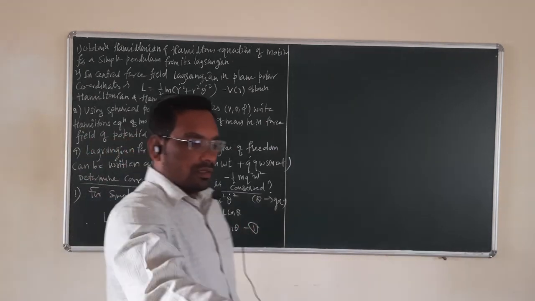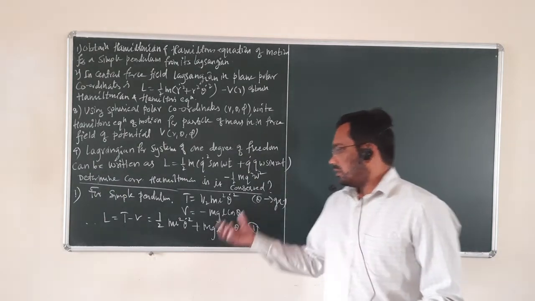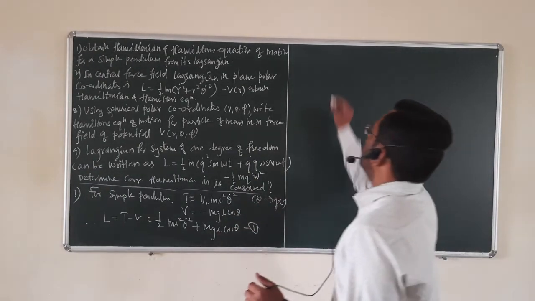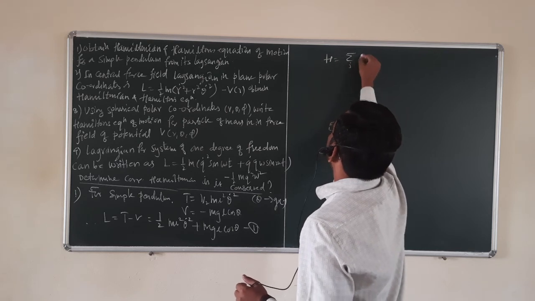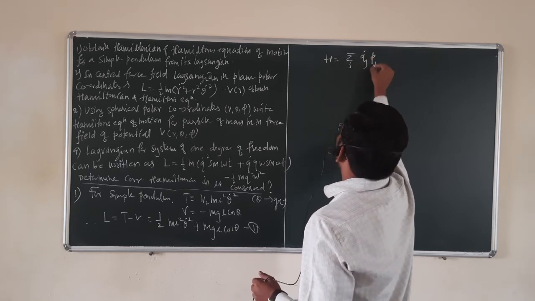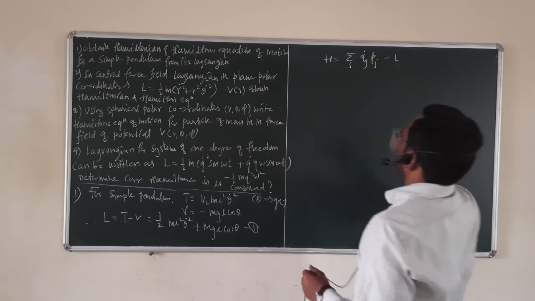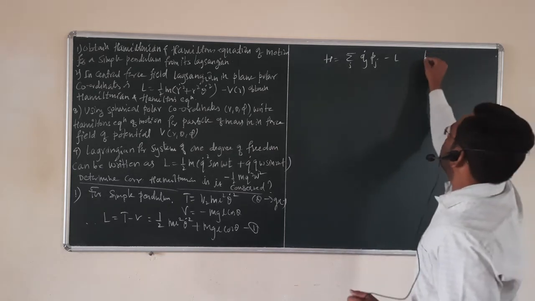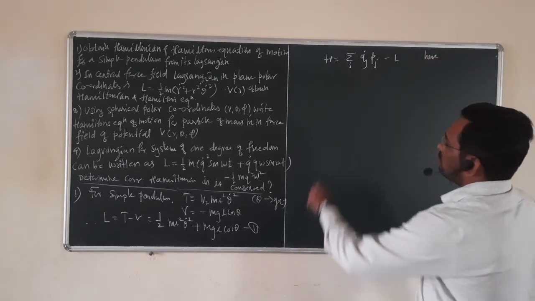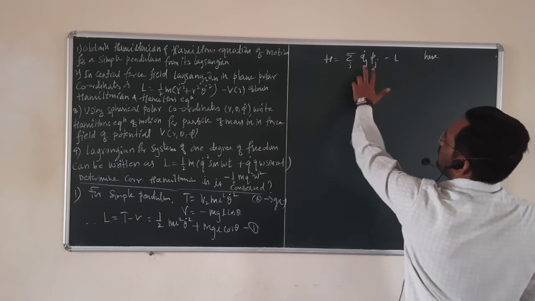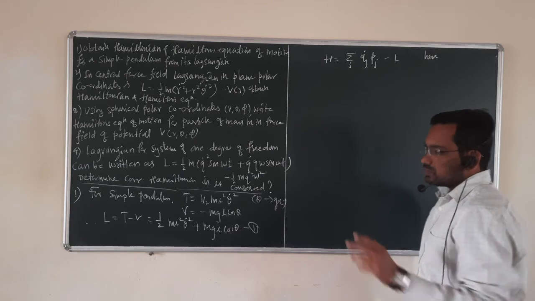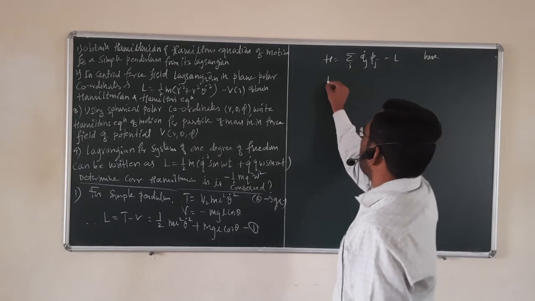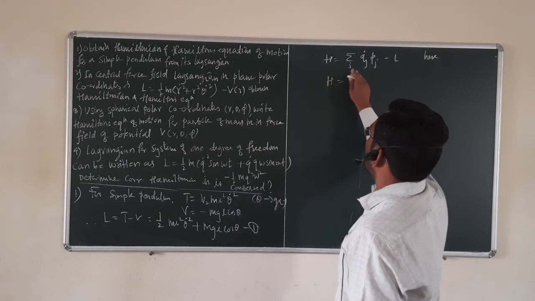Now, the Hamiltonian corresponding to the Lagrangian is H equals the summation over j of q̇j pj minus L. Since we have only one generalized coordinate, theta, the Hamiltonian is H equals θ̇ pθ minus the Lagrangian.